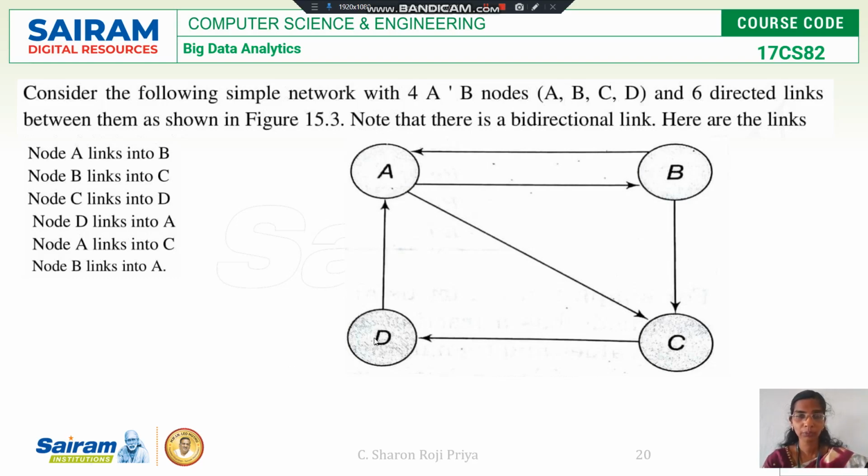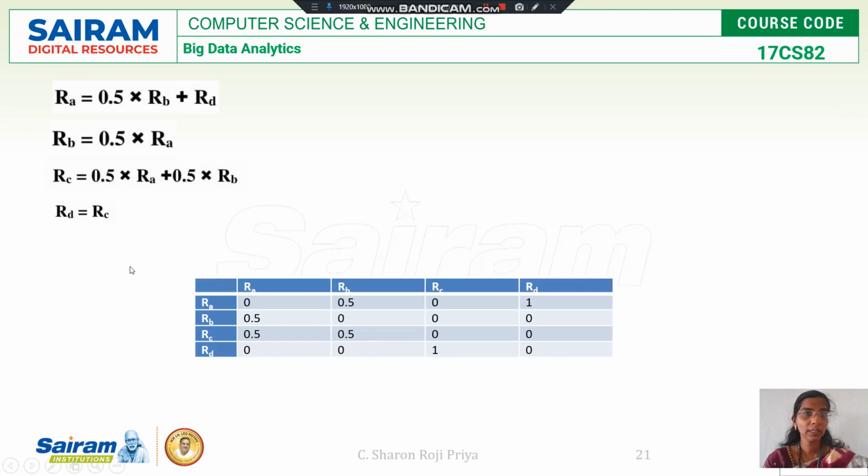We are supposed to write a few equations. See here, I have written rank of A is equal to 0.5 into RB plus RD. So how did I get this equation?